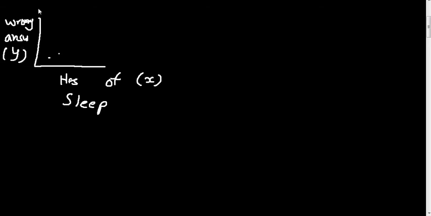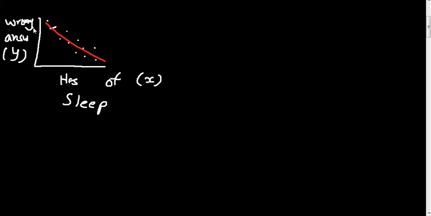So you would expect the correlation to look something like this. The scatter graph would look something like this, and if I drew a line of best fit through this, it might look something like this. If you slept a little, you would expect to get a lot of questions wrong, whereas if you had lots of hours of sleep, you would expect to get very few answers wrong.